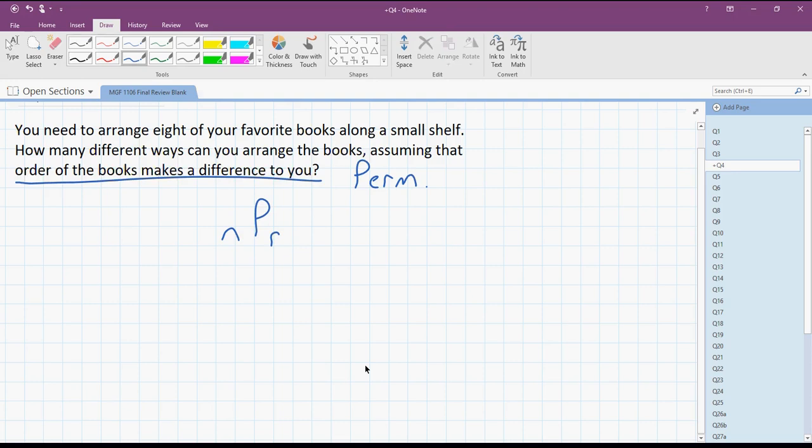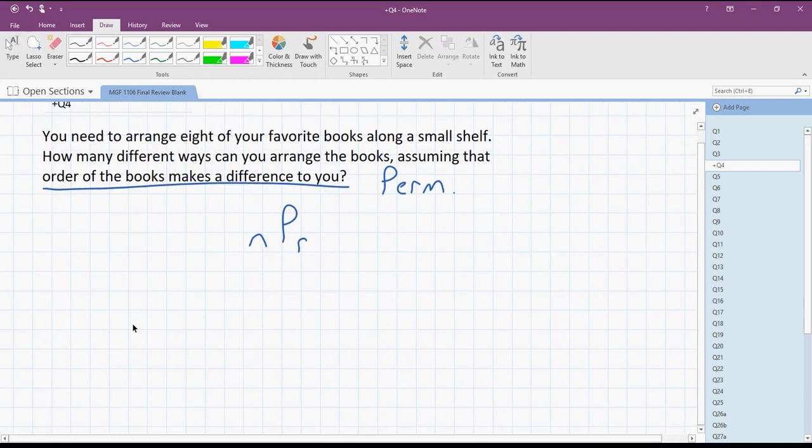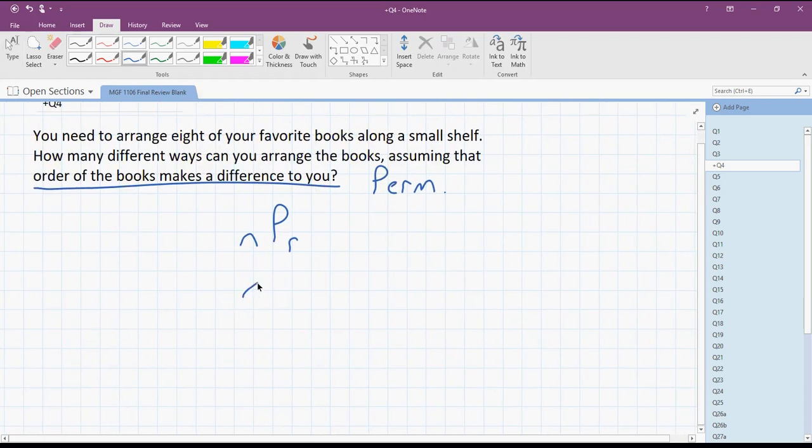Notice now we're into 11.2, because 11.2 was all about permutations. Remember, n represents the total. How many books do we have total? 8. And how many books are we arranging? 8. So you go straight into your calculator and run this information.